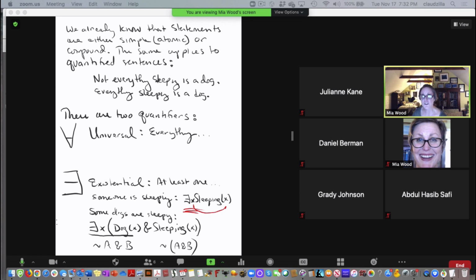So how about this? I said earlier that Stewie and Brett are sleeping. How about this? Every cat is sleeping. Here again, we're assuming the domain of discourse is restricted to the stuff in my house. Now, we don't have to stipulate that.